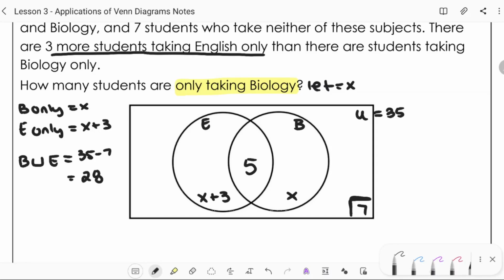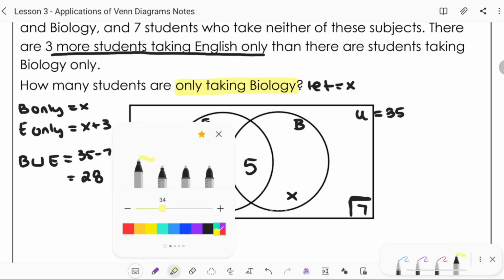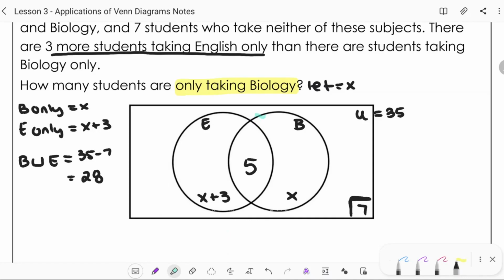So I know that this section here, let me highlight it. Get a different color highlighter. This section here, the union of B and E, so each independent set and their overlap, has to total 28.